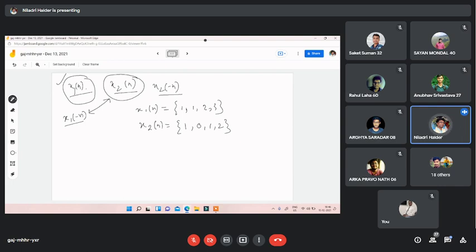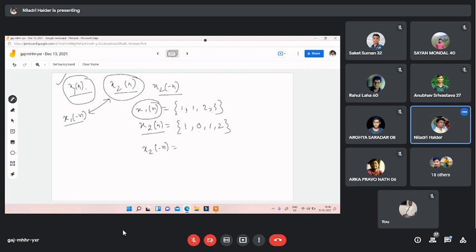Suppose you are trying to understand the characteristics of x1[n], or correlate its value. So what you will do? Make x2[n] as x2[-n].